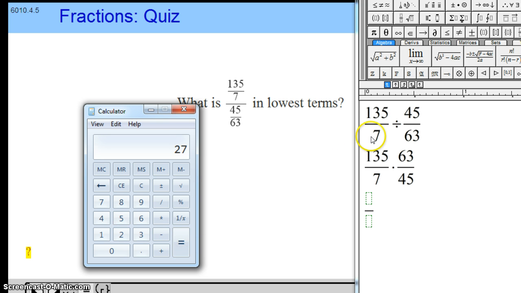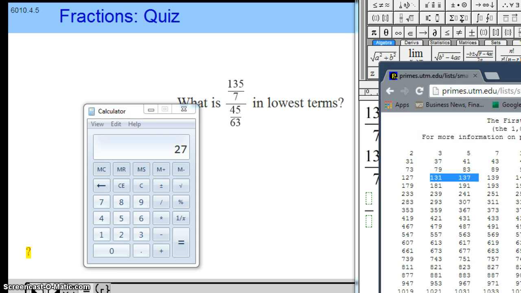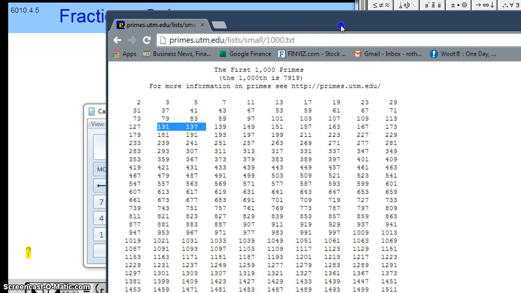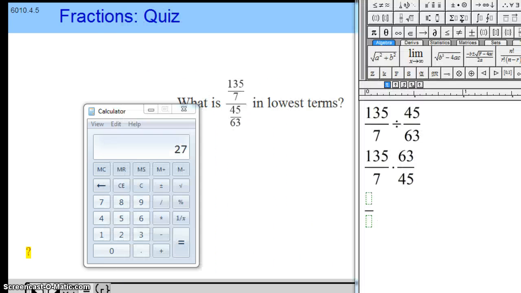And if you don't recognize what it's divisible by right off the bat, just try a few things. If it's odd, try 3, 5, 7, 11. Just try some numbers and check your prime list. It's not prime, so it has some factors. So 27 times 5 is 135. And what is 27? Is 27 on our prime list?